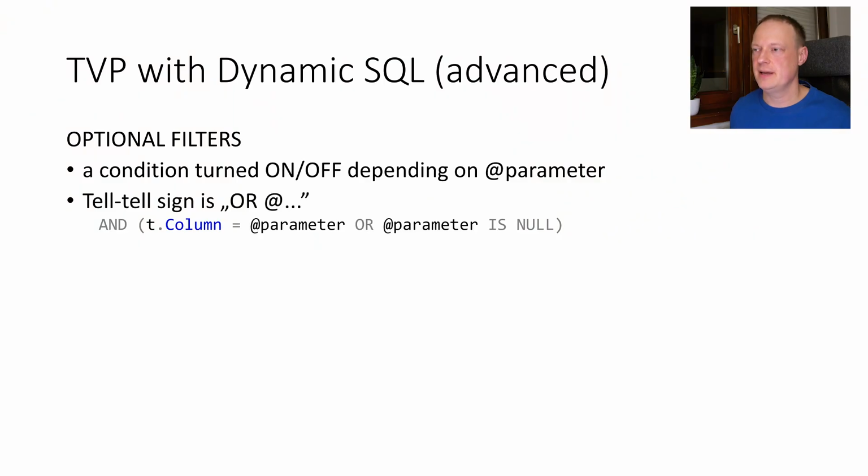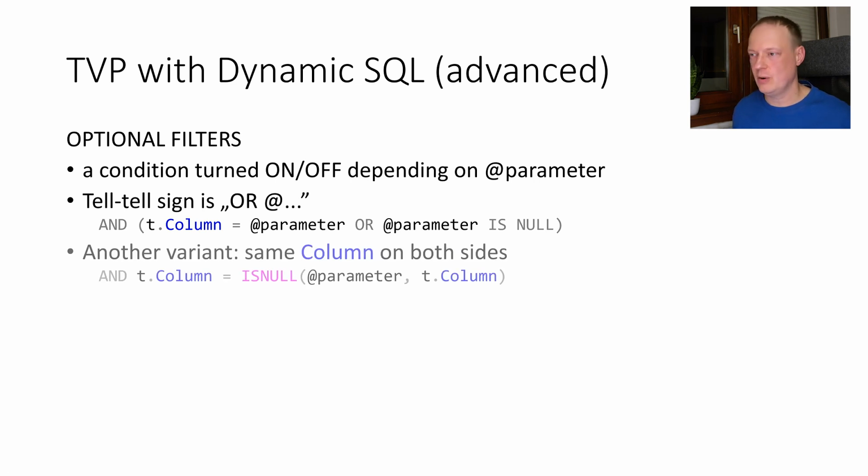And how do people usually solve this? They use a statement like this. In the where clause they put: and column name equals parameter, or parameter is null. If parameter is null, that means give me all rows. Or in another variant, they can use is null or similar.